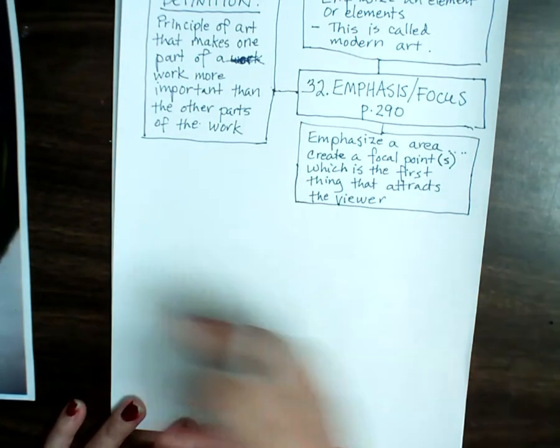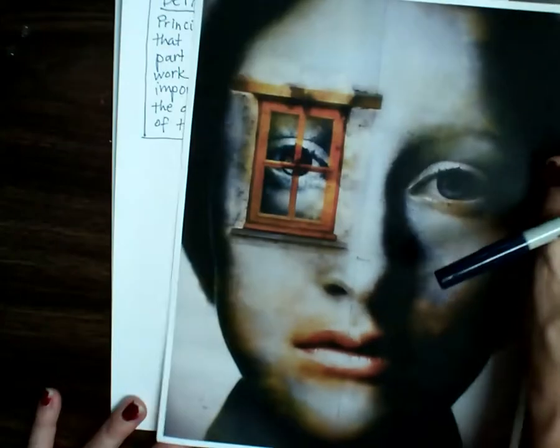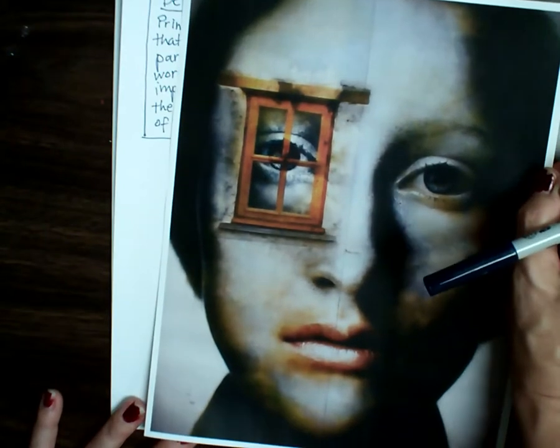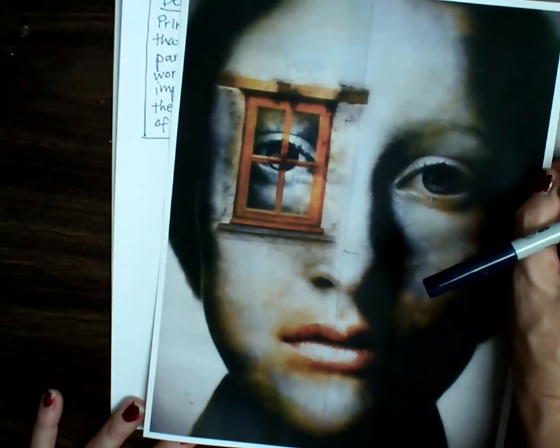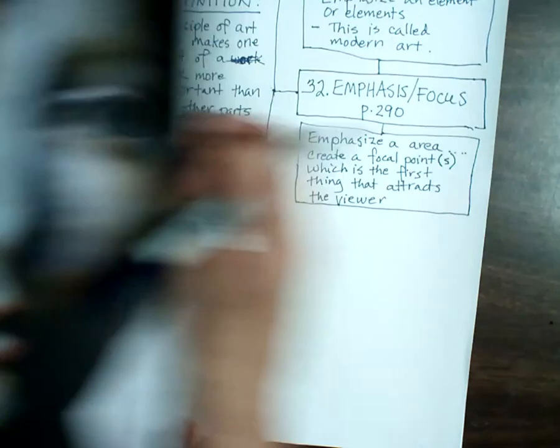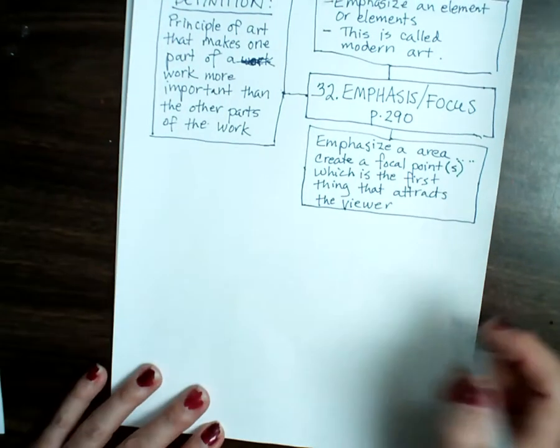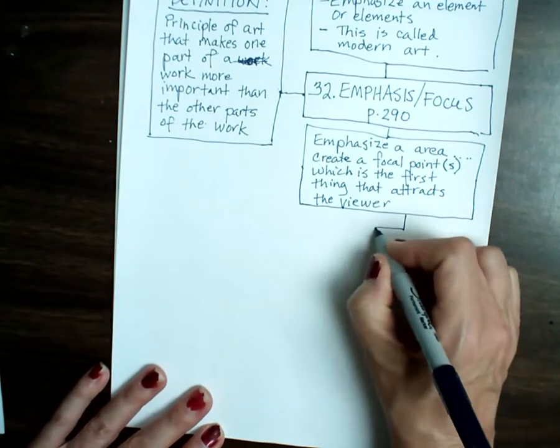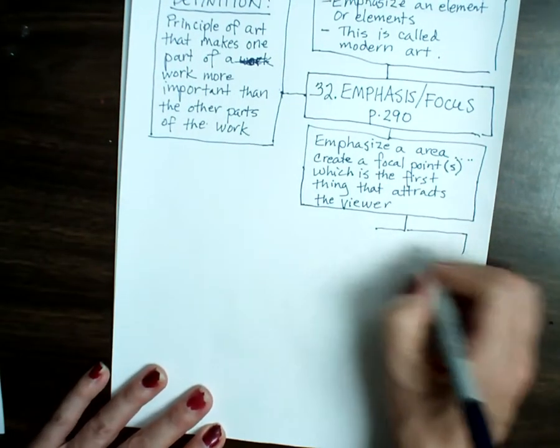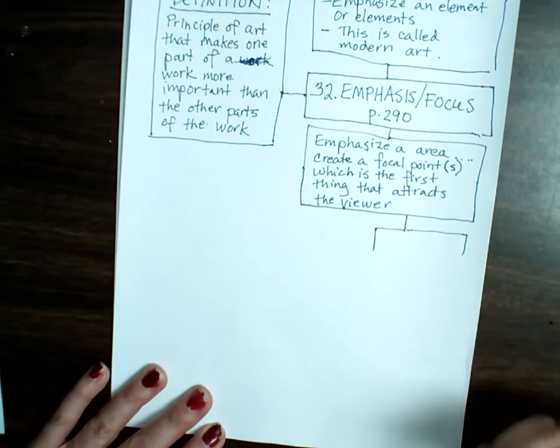All right, so the one we talked about here was the unusual. We do not expect to see little tiny windows on top of people's faces, right? So that would be an example of the unusual. And sometimes it'll be more than one thing.